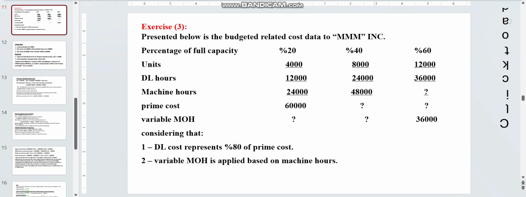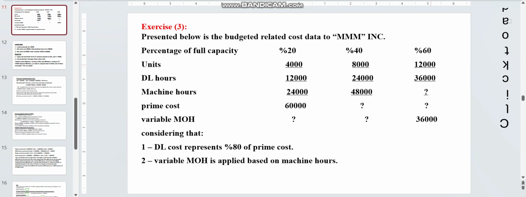Now, you get related data to 3 levels of activity. Represent 20%, 40%, and 60% of full capacity. Now, these 3 levels in terms of units represent 4,000 units, 8,000 units, 12,000 units.